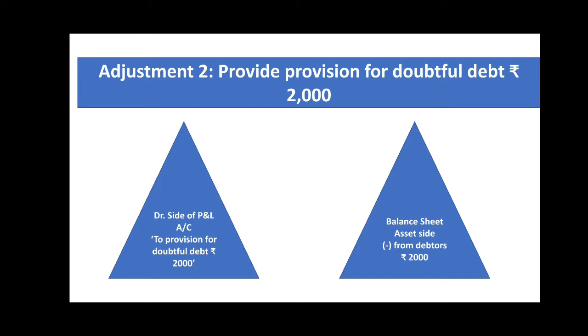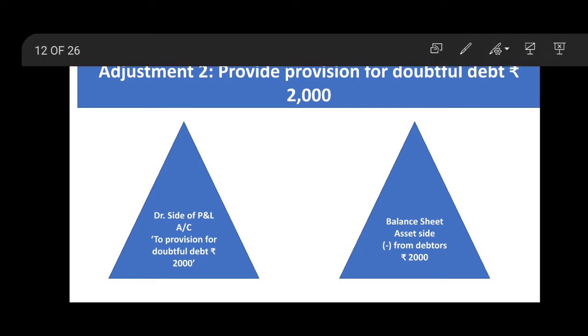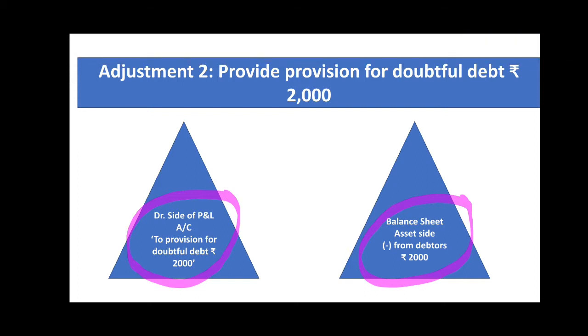Adjustment 2, provide provision for doubtful debt rupees 2,000. This provision for doubtful debt goes to debit side of profit and loss account, writing to provision for doubtful debt 2000, and in balance sheet it will be deducted from debtors, 2000 will be deducted from debtors.